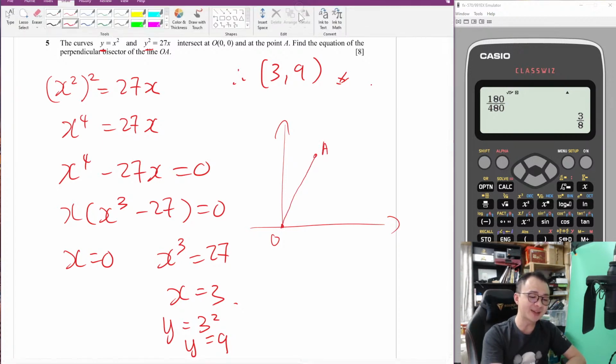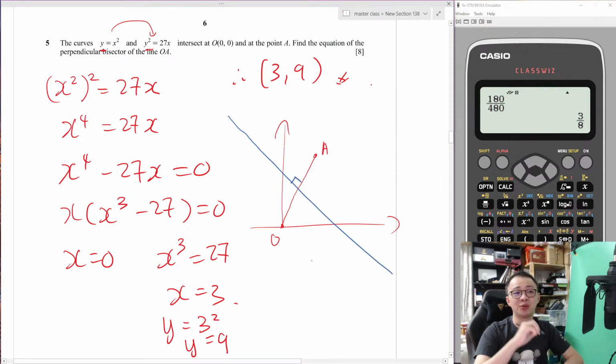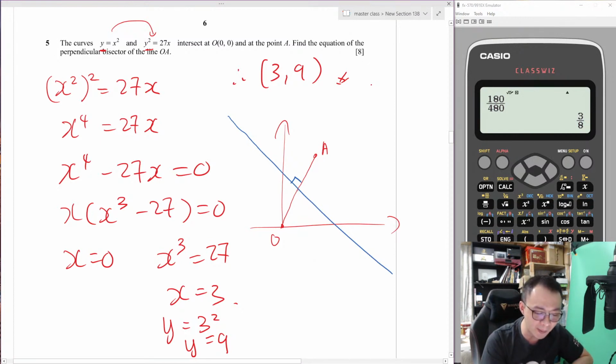So a perpendicular bisector means I have one line passing through OA and forming 90 degrees to OA. But this line itself doesn't pass through O or A. It will pass through the midpoint of OA. Because what's the meaning of bisector? Bisector basically means I will cut the line into half.